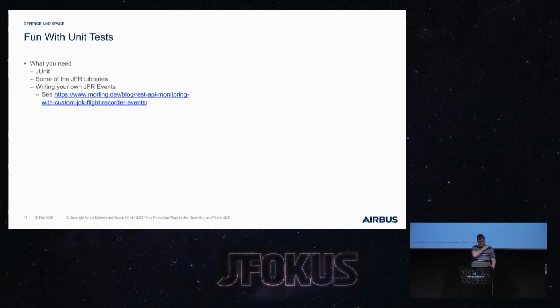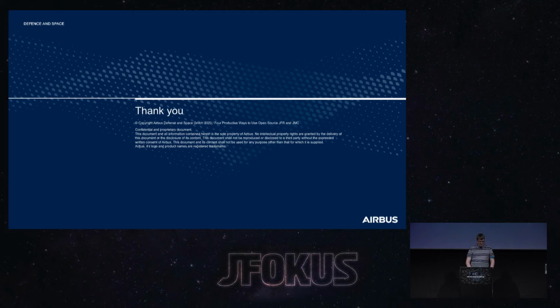The link there is from a blog post from Gunnar Morling from a few days ago about how best to write events for JFR, and some customization for the JMC UI as a plugin to get the analyzers in there. And with that, I'm actually too fast.